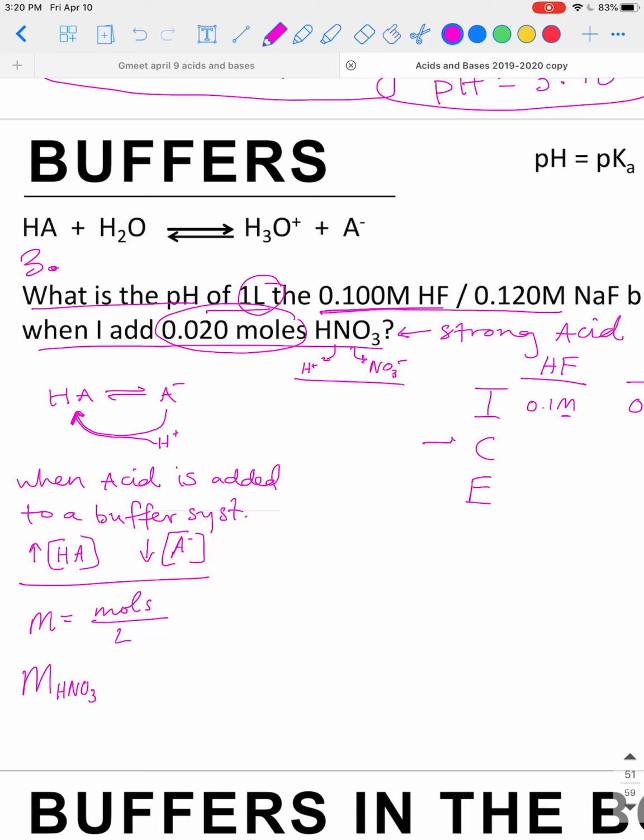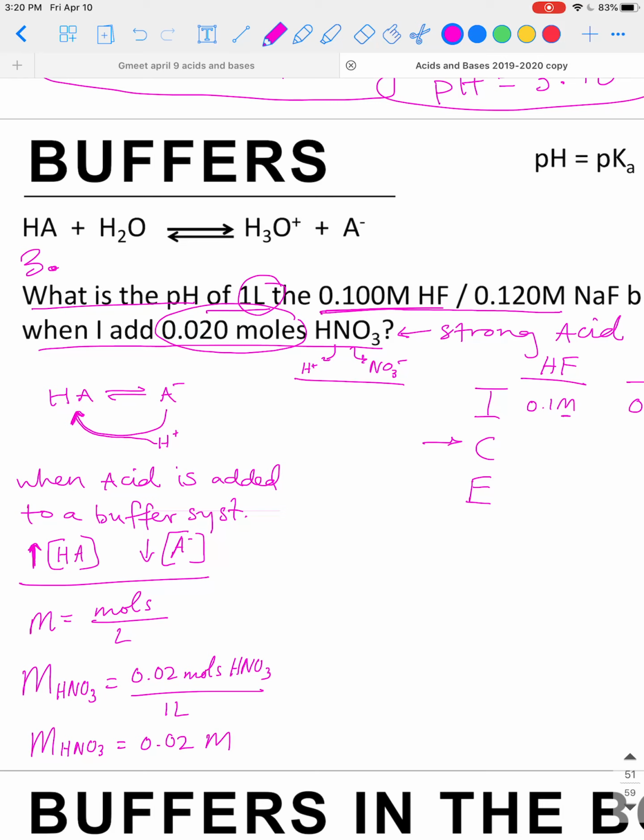So let's get the molarity of HNO3 so that we can plug it into our column for change. That's going to be equal to 0.02 moles HNO3 divided by 1 liter. So your molarity of HNO3 is equal to 0.02 molar.